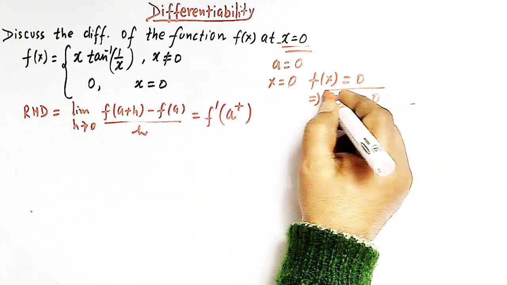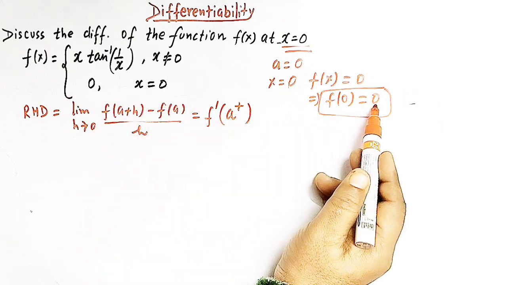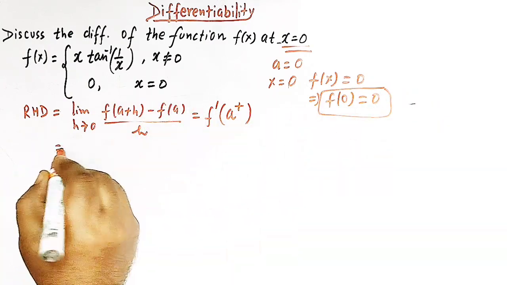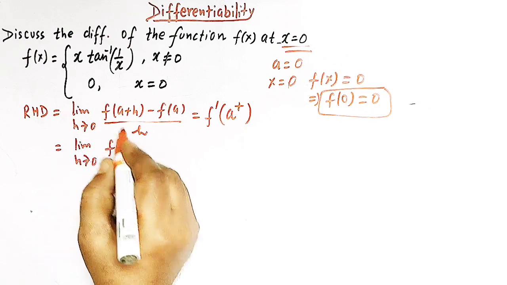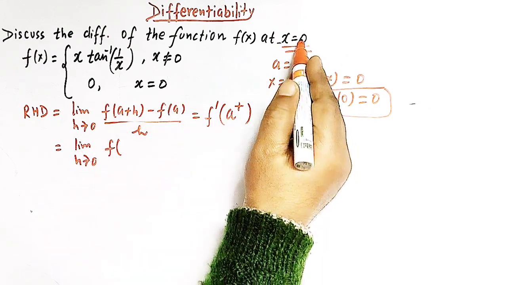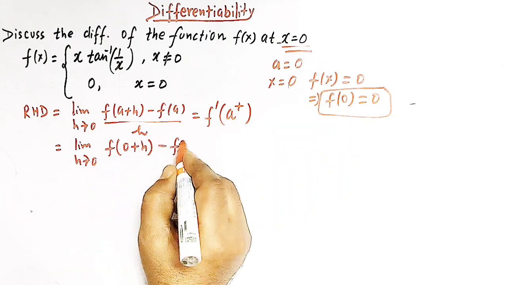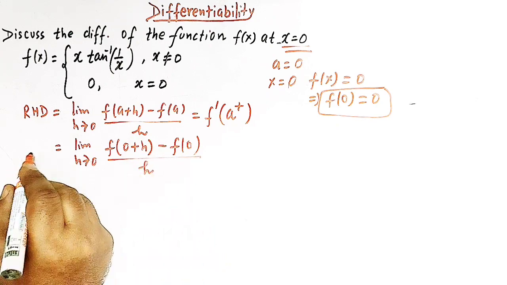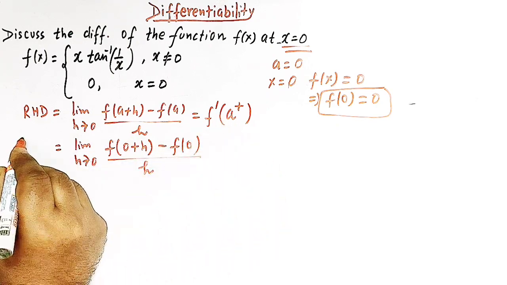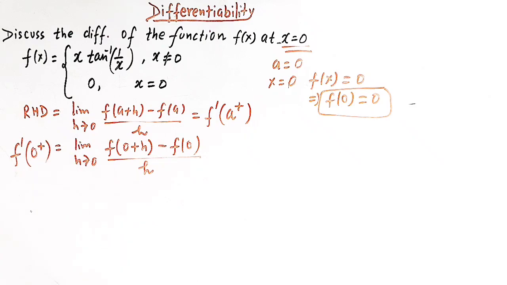So the value of the function at x is equal to 0 is equal to 0. So now we have a limit h tends to 0, and the value of a is 0. So here we have 0 plus h, and here we have f of 0 divided by h, and here we have f prime of 0 with a positive sign. So let us evaluate this limit.